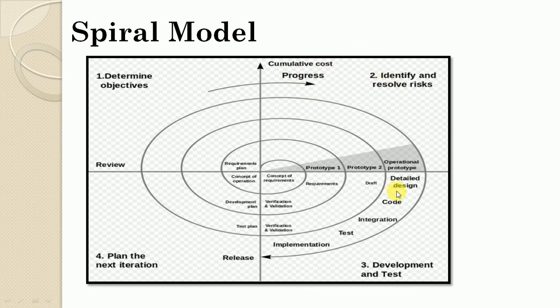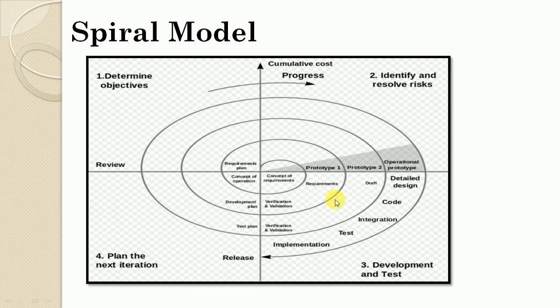At the end of the risk analysis, a prototype gets generated. The prototype is the very first application prepared, and then that prototype gets evaluated by the client. If the client accepts the prototype, then and only then the final implementation in terms of development and testing is performed.